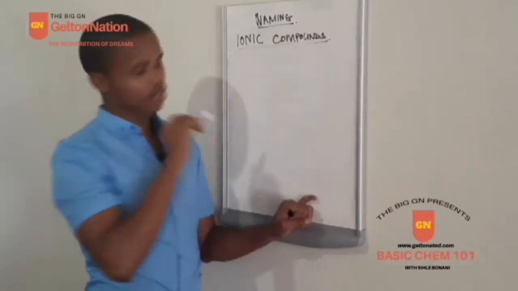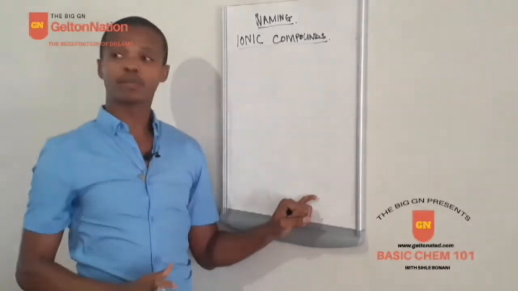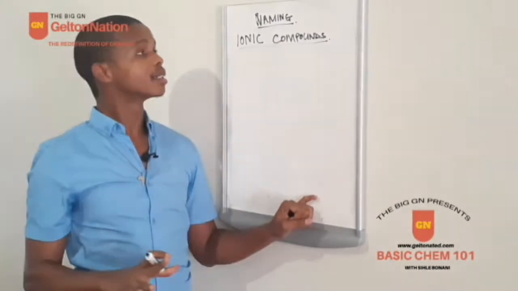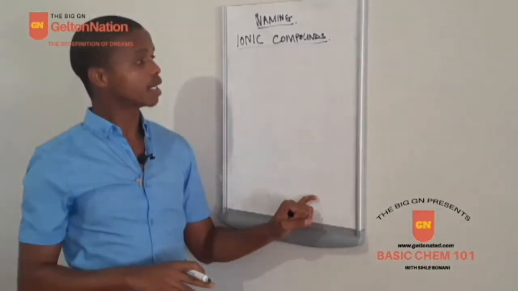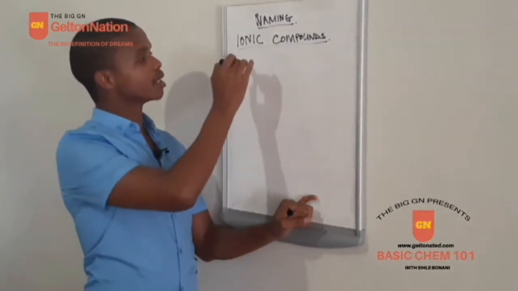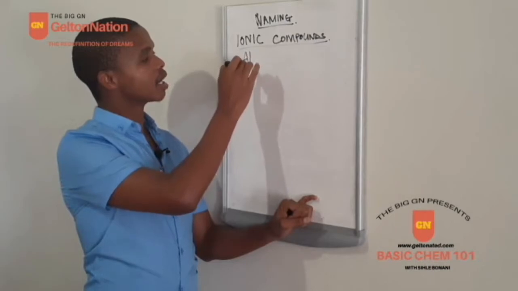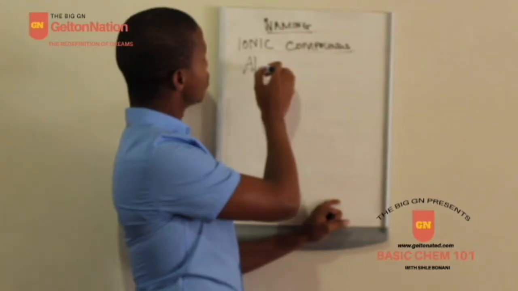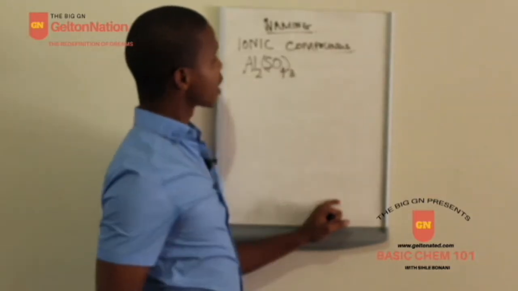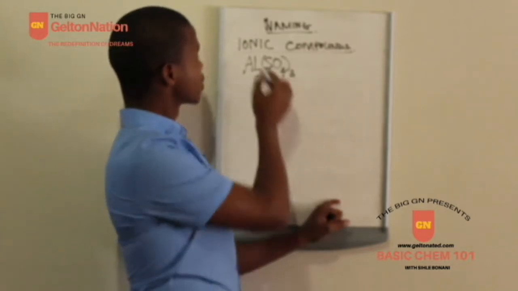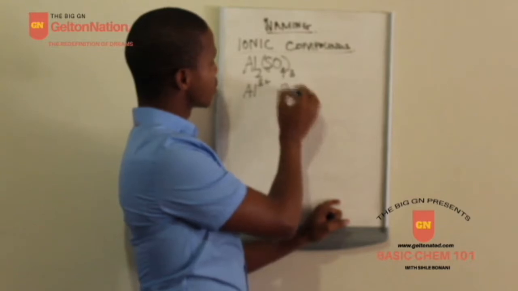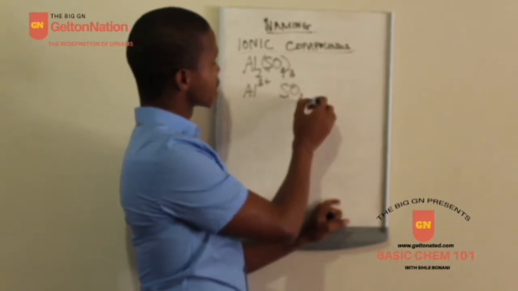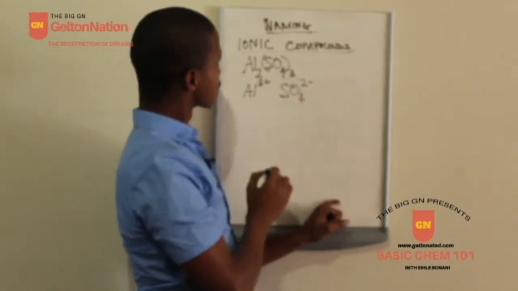So naming ionic compounds is fairly easy. You just have to name your ions as they appear. For example, if this is aluminum sulfate, then this is your aluminum ion, and this is your sulfate ion.